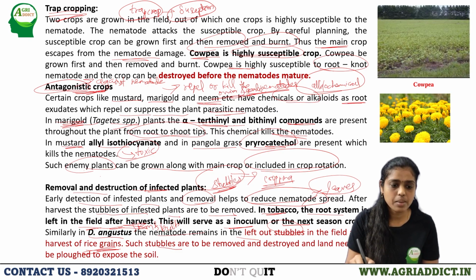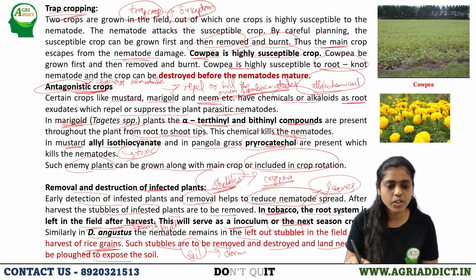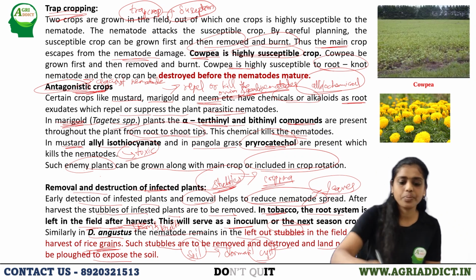Such stubbles are to be removed carefully and destroyed, and the land needs to be plowed in order to expose the soil, because soil also contains some dormant stages of the nematode, like cysts. So timely plowing needs to be carried out in order to expose such resting stages present in the soil.